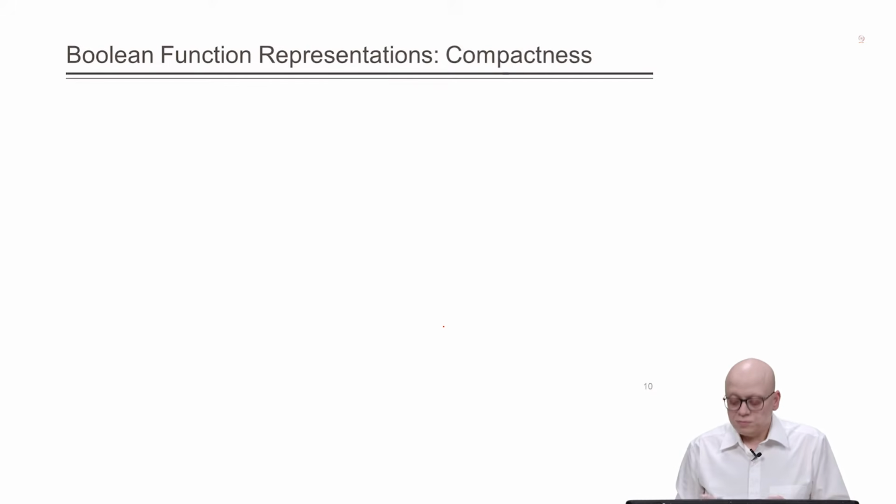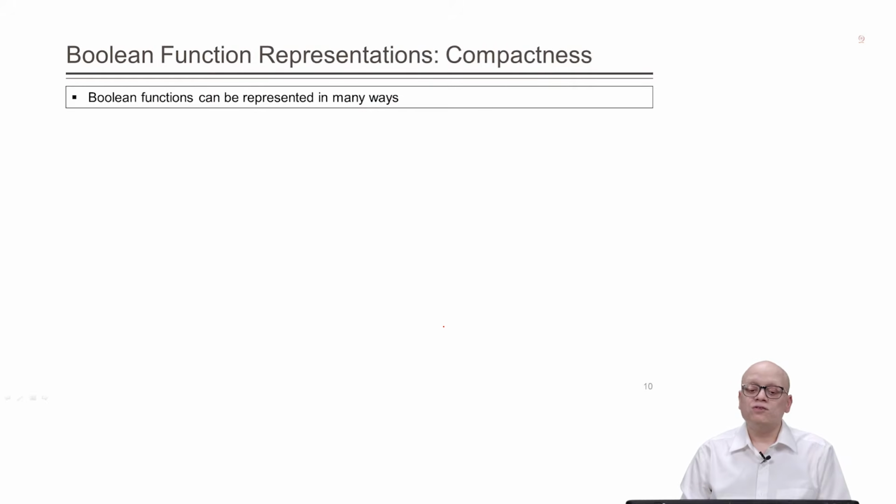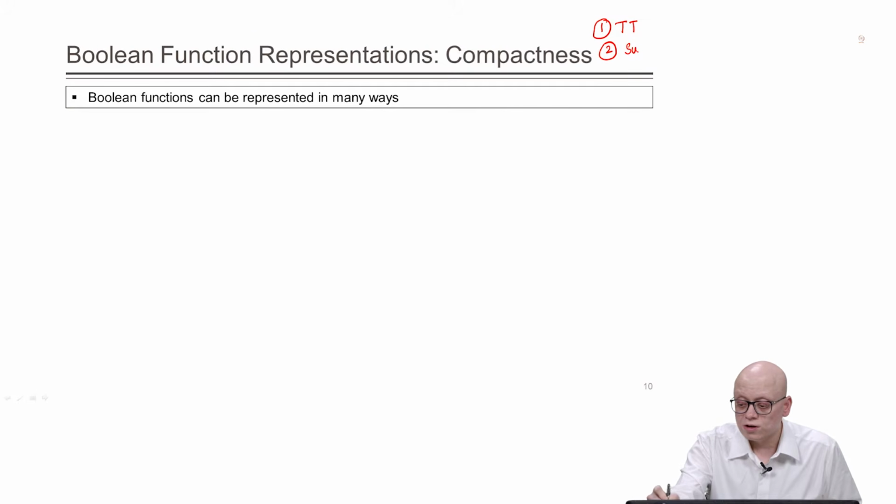Now, a given Boolean function can be represented in many different ways. In our earlier lectures, we had looked into some of the representations of Boolean functions. For example, we looked into the truth table. We also looked into the sum of minterms representation.